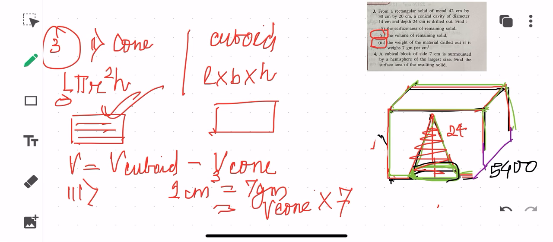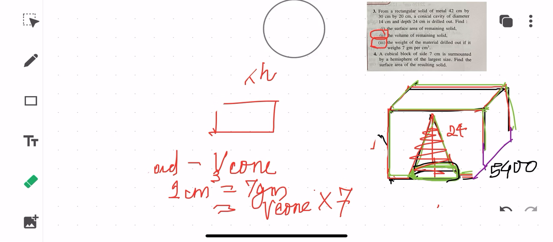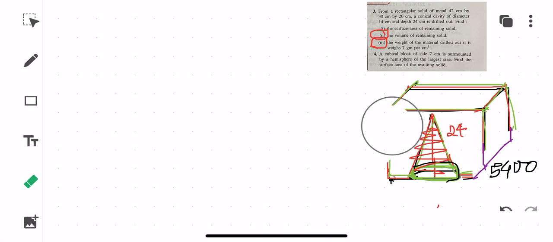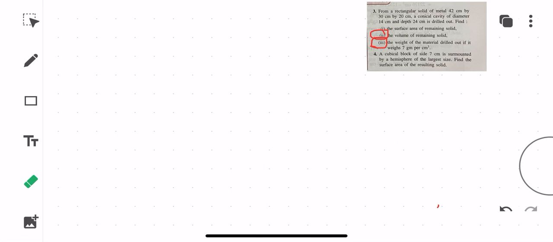We will be now moving to question number 4. Okay, so we'll be quickly looking into it. In question number 4, the question says what, children? It says there is a cubical block of side 7 centimeter surmounted by a hemisphere of the largest size.